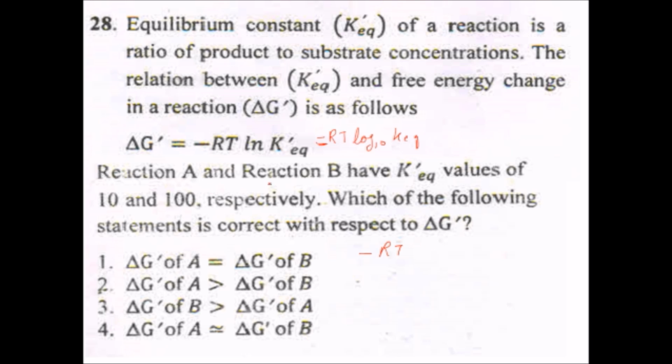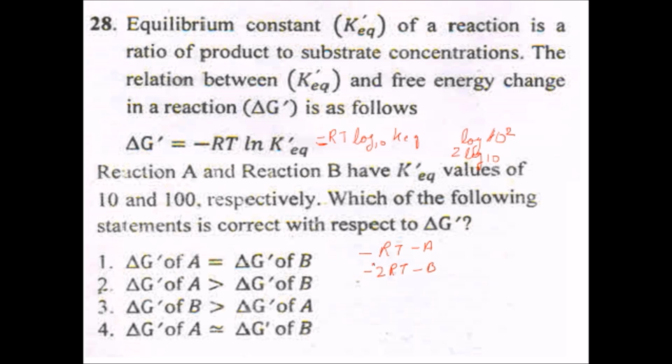We can write 100 as 10 to the power 2. So when we solve, we can write it as 2 log 10. So this was for reaction A, and for reaction B it will be 2RT.